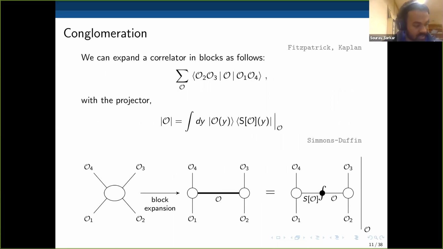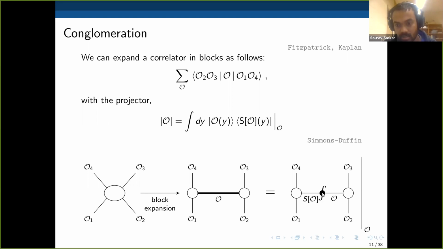Let's first start with expanding a correlator in conformal blocks. We can do that with the projector here. This S of O is the shadow transform of O. When we expand it in blocks, if we insert the projector in the correlator, we diagrammatically represent it in this way.